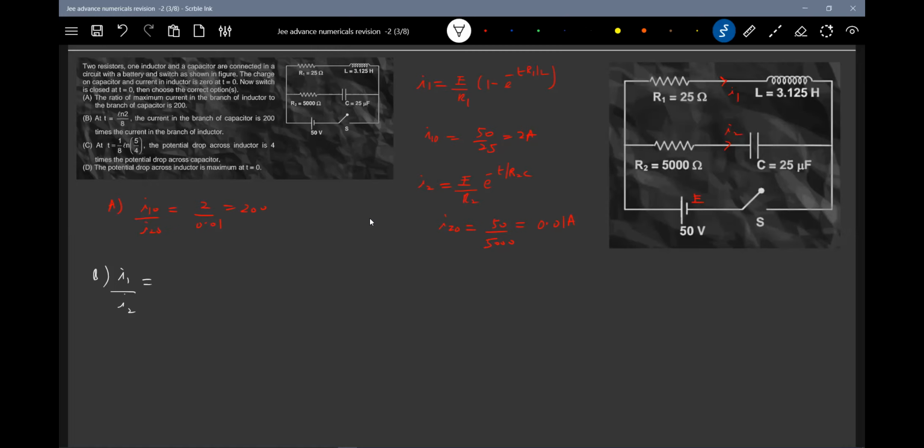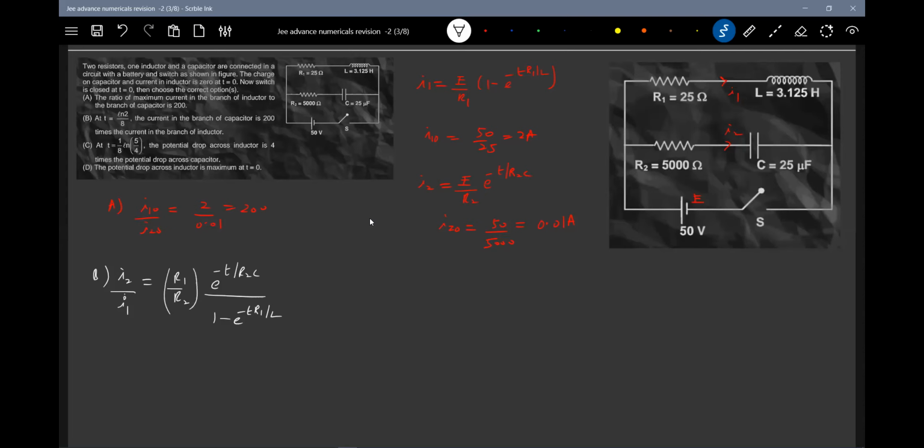I1 by I2, branch of capacitor. Okay, I2 by I1. I2 by I1 will be R1 by R2 times e to the power of minus t R2C by... we have to substitute R2C, then the t value.